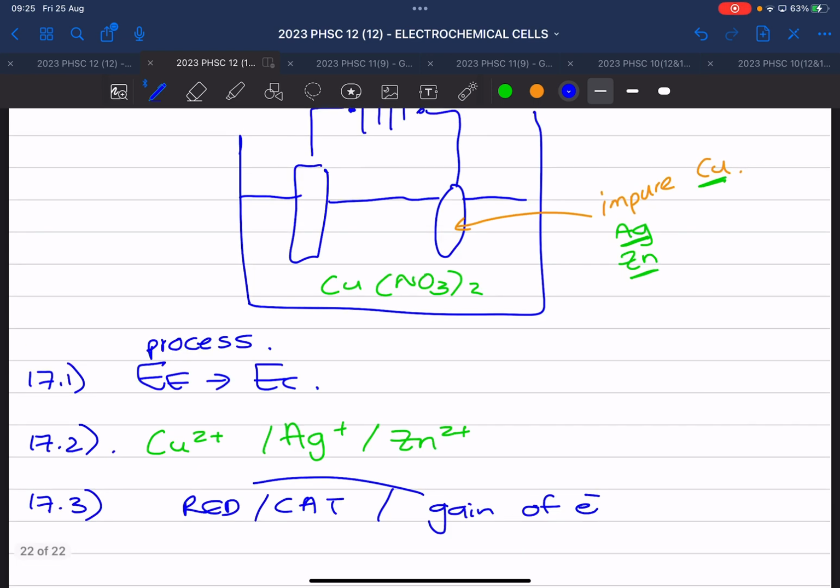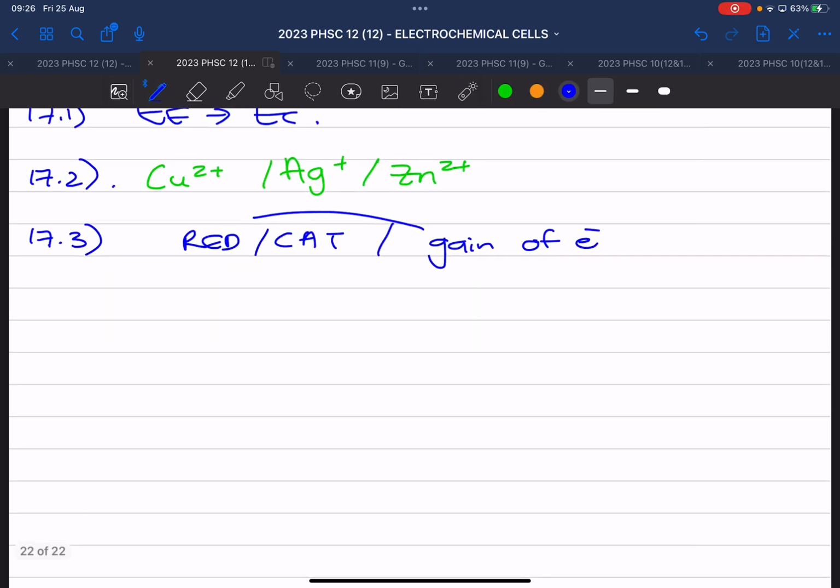Okay, so what do we want to happen? We want the copper to form a precipitate there. Yes? So we want the copper ions to gain 2 electrons and to form a copper precipitate, solid.